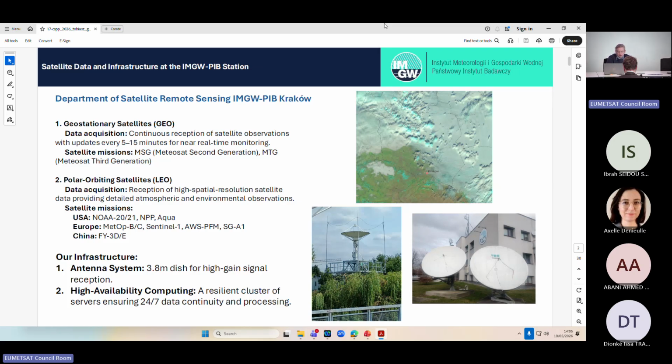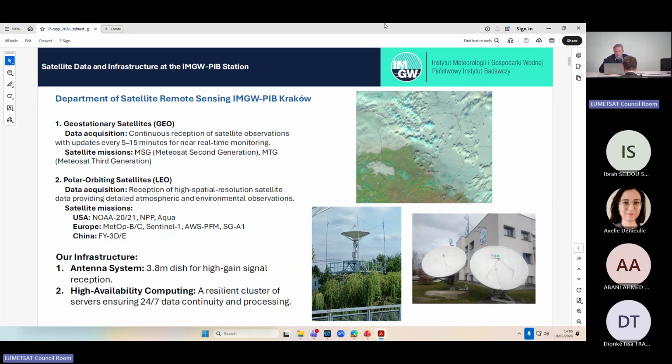Our infrastructure is a 3.8 meter dish for high gain signal reception, and we try to use high availability computing, ensuring 24/7 continuous processing.